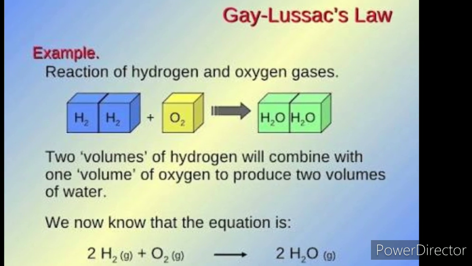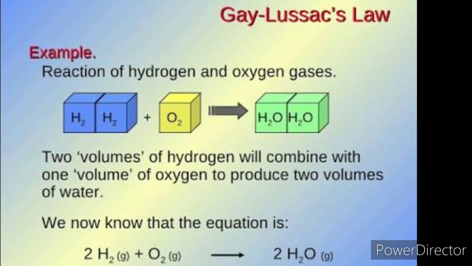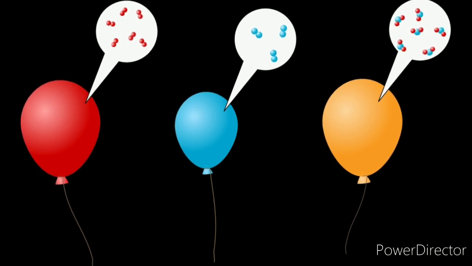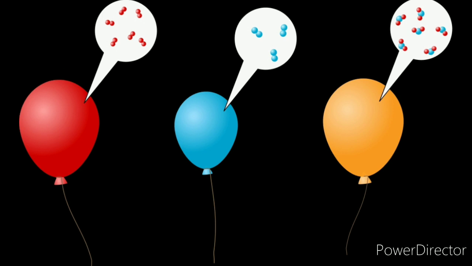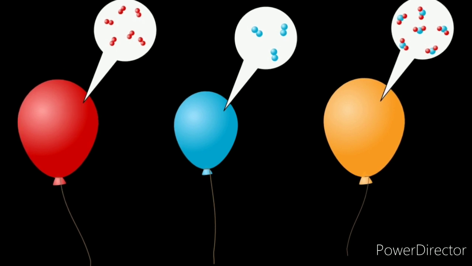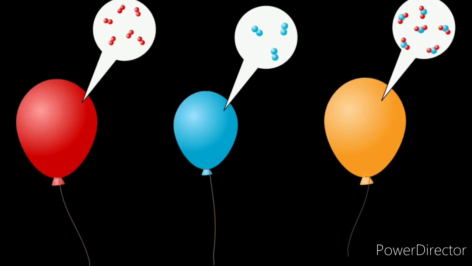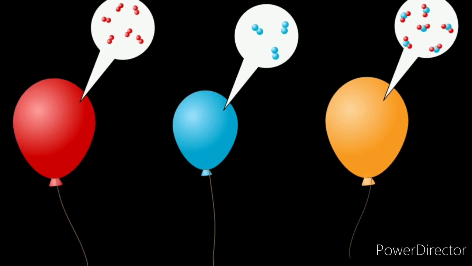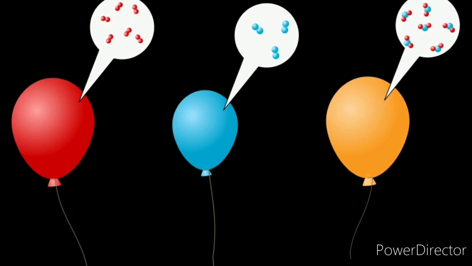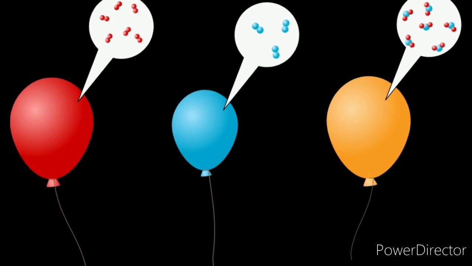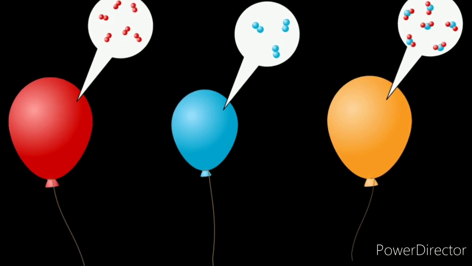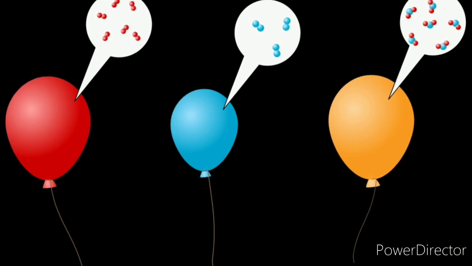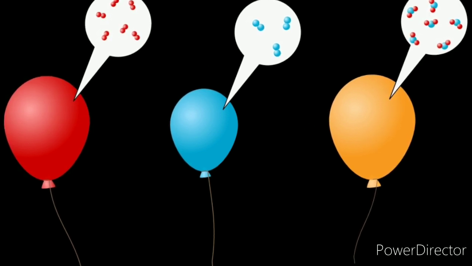Now finally we will be discussing Avogadro's law, which states that equal volumes of all gases contain an equal number of molecules, provided the pressure and temperature remain the same. Now you can see in the above figure that the volume of the gas in the blue balloon is half the volume of the red balloon.